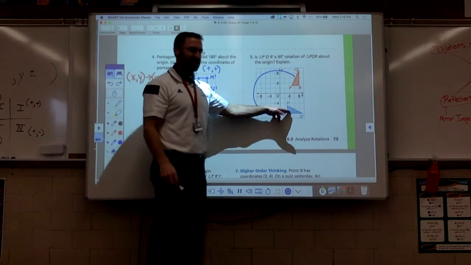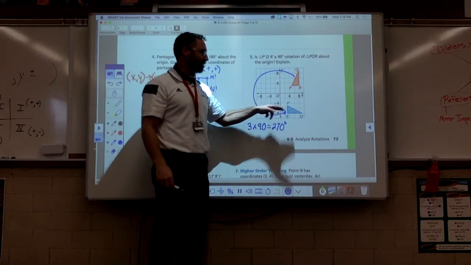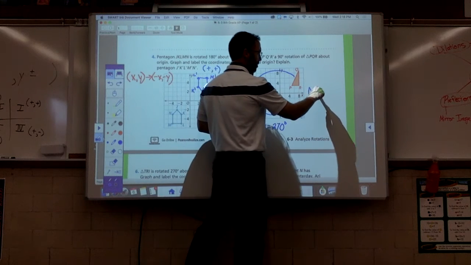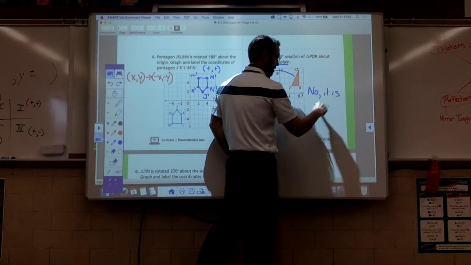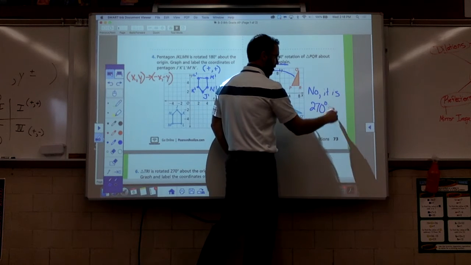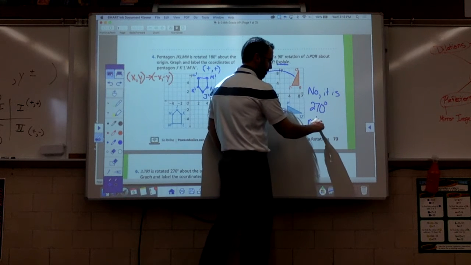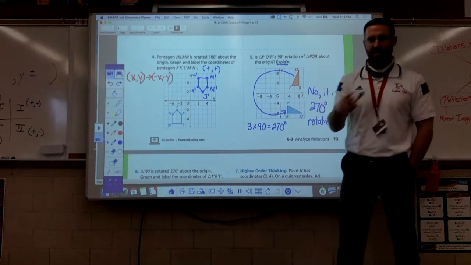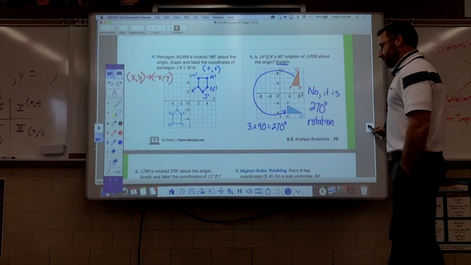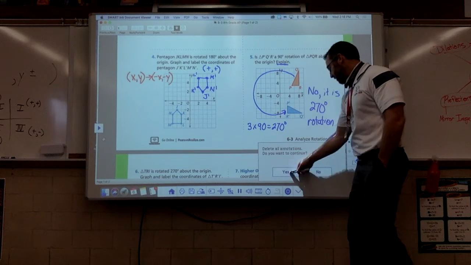So is this a 90-degree rotation? No. Explain. It is a 270-degree rotation. Boom. Questions? Didn't think so. Okay, next one.